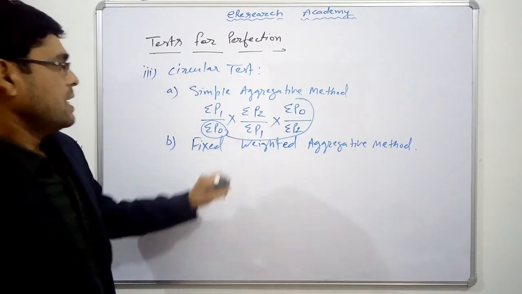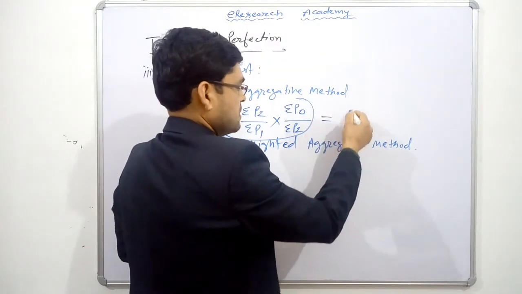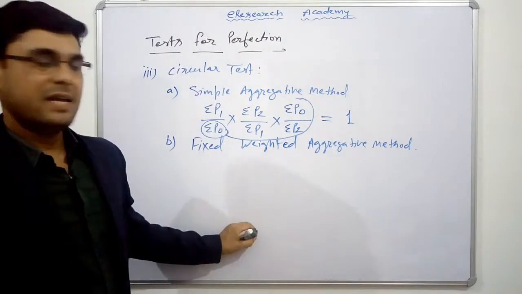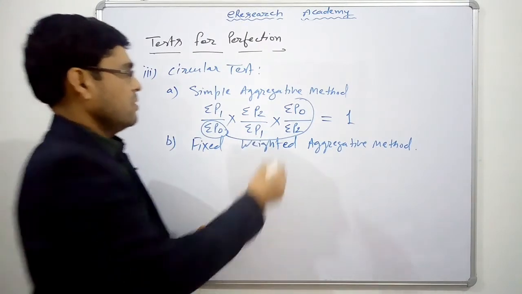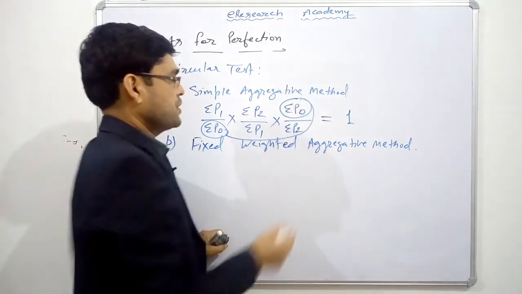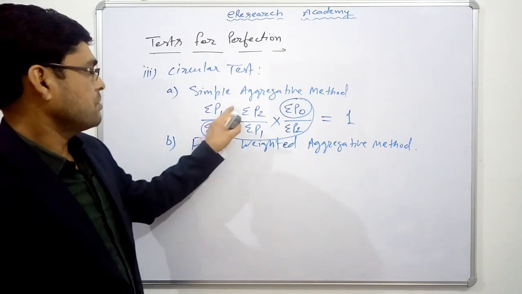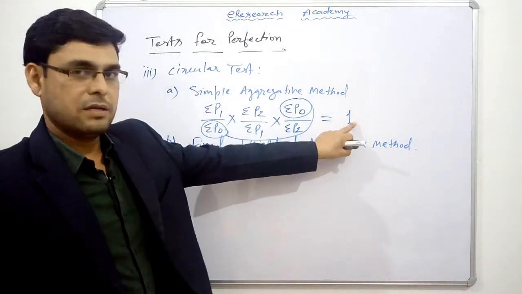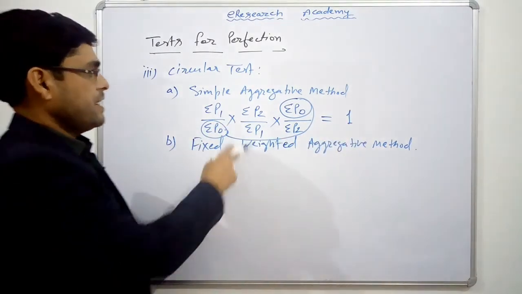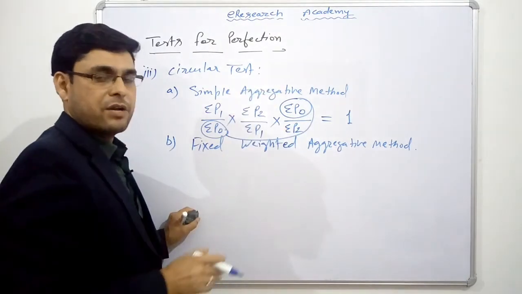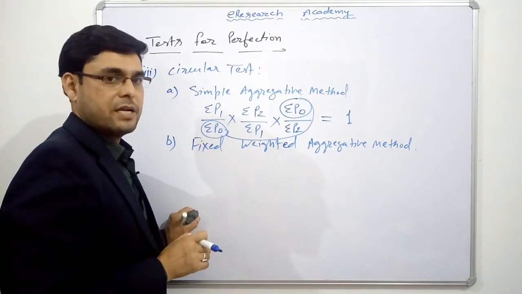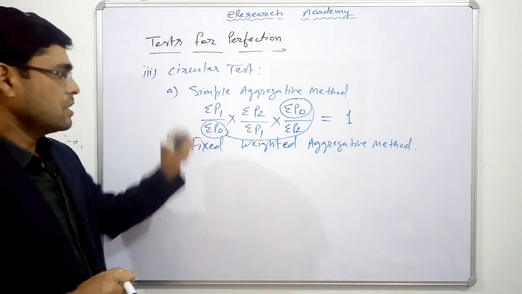This must give us 1. If we measure the perfection of this test, the output should be 1. If it is 1, our methodology is appropriate, otherwise it is not.